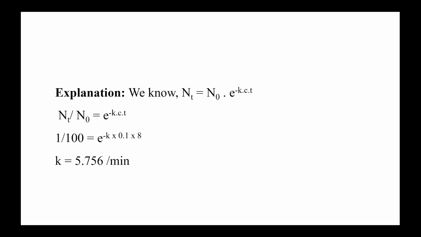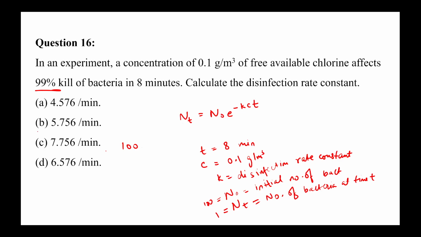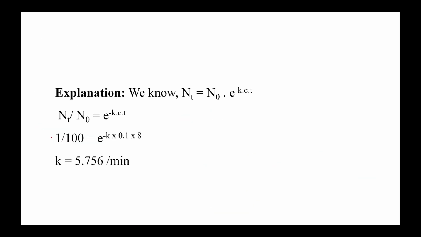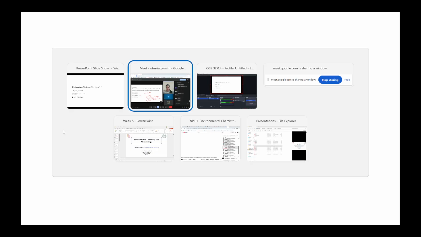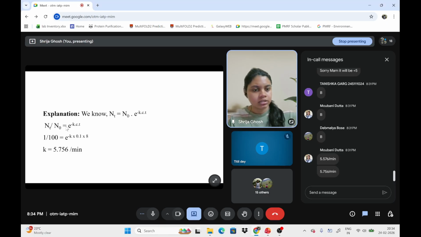So this is the formula, and the answer that you are getting is option B. That is the correct answer, 5.756. Yes. So I see 4 of you have gotten this answer. I hope others who haven't answered, you understand the solution now.